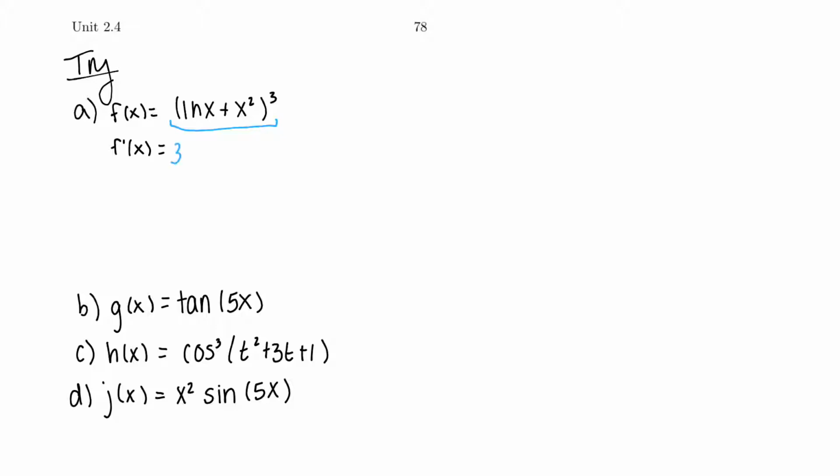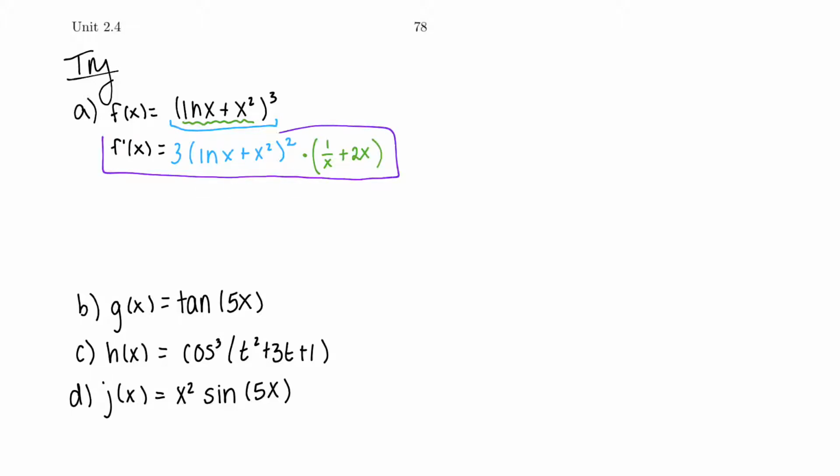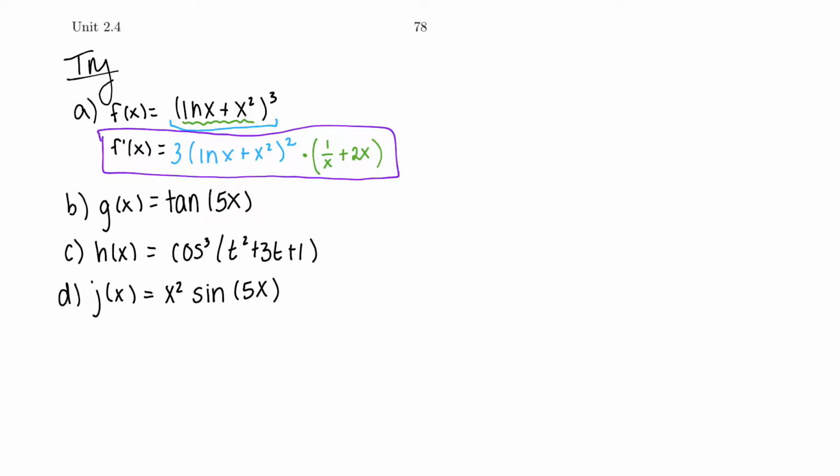So we're bringing down the 3, using power rule, leaving the inside alone, and then we lower the power by 1. So that's the derivative of the outside. The inside is this part here, so I'm going to use parentheses. The derivative of ln x is 1 over x, and then the derivative of x squared is 2x. And that would be the full derivative there. Questions on that one?